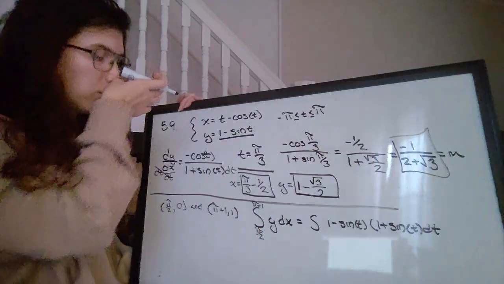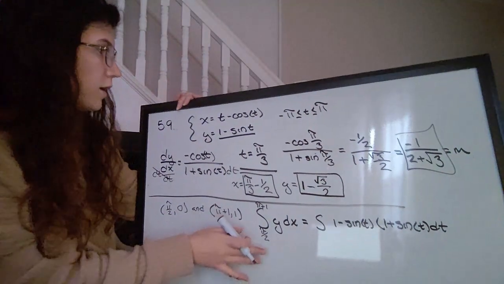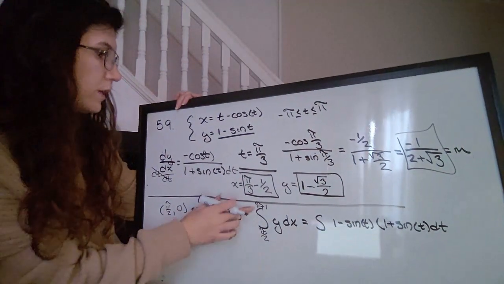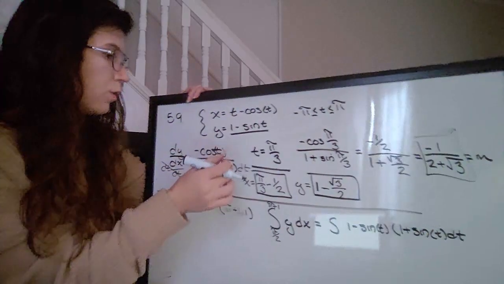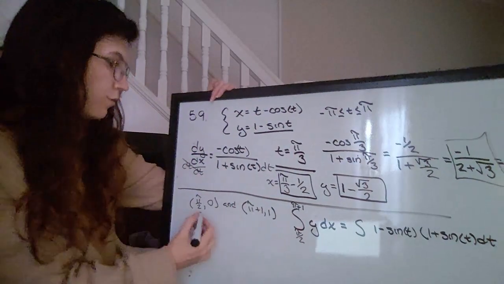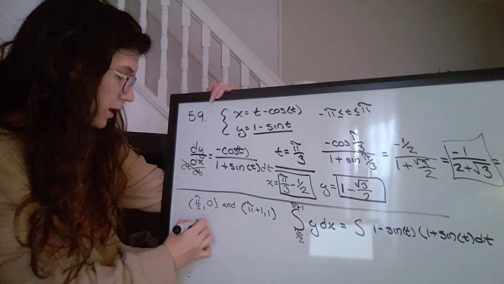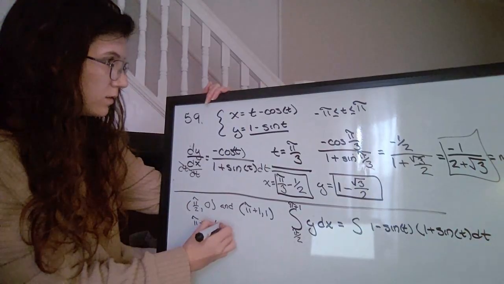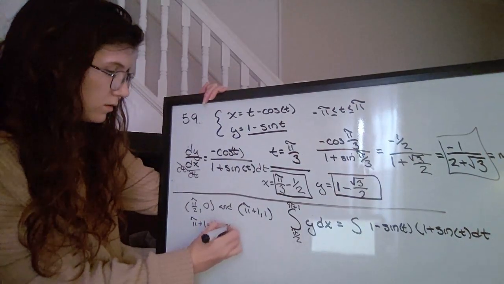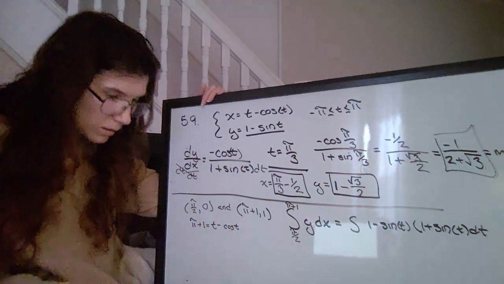And then we need to do one more thing for our bounds. So these are our x values, so we need to plug these in to find what our t would equal. So this would be pi plus 1 equals t minus cosine t. Is that what I did?